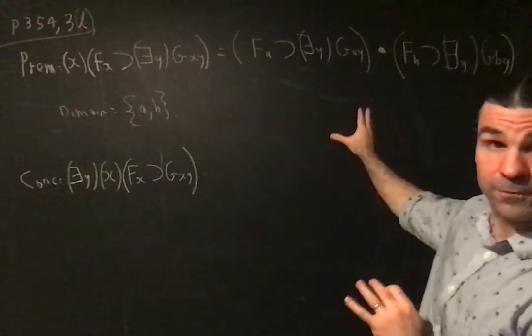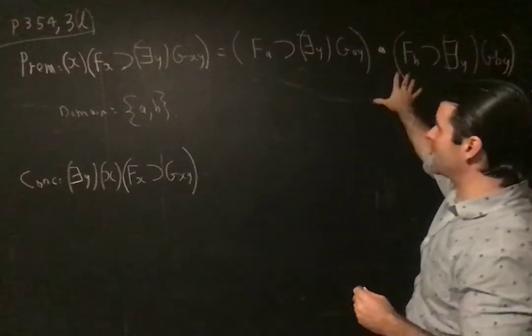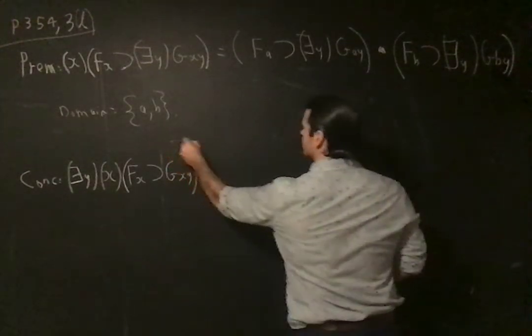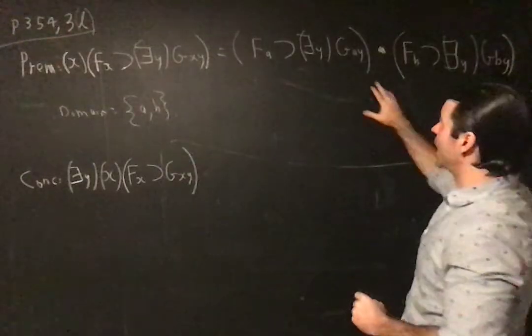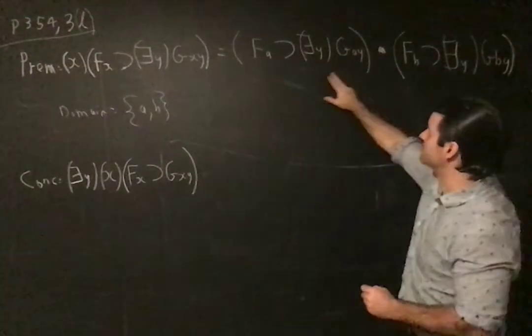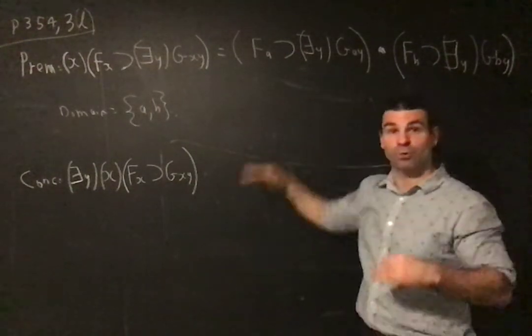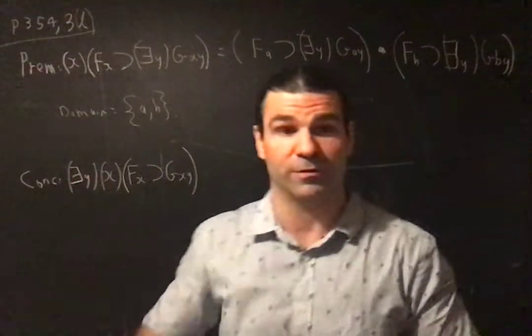So notice what happens now. This is truth functional form. Because it was a universal statement, it's now a conjunction. But look, I still have two quantifier statements that I must rewrite. I'm resolving all the quantifier formulas to truth functional formulas.